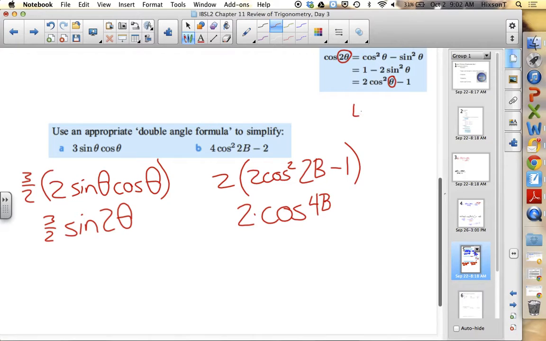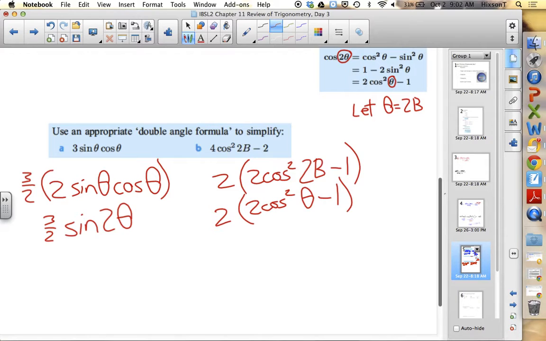It's kind of like a substitution. I'm going to let theta equal 2b. So really what I have here is 2 times 2 cosine squared of theta minus 1, and theta in this case is 2b. I just substituted it in.